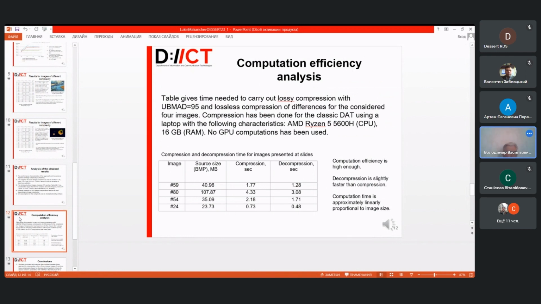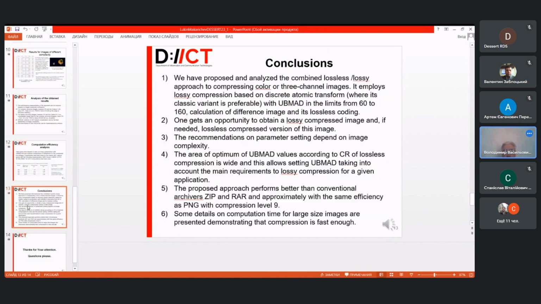So finally, what are the conclusions? We have proposed and analyzed the combined lossy and lossless approach to compressing color and three-channel images, and have understood that it is almost the same what UMAT to set, but by setting a larger UMAT, we can provide a larger compression ratio of lossy compression.